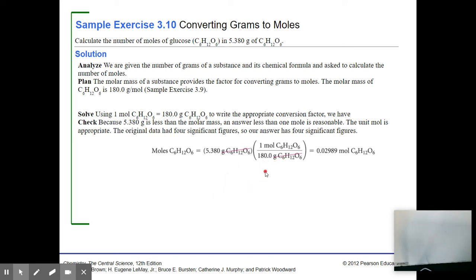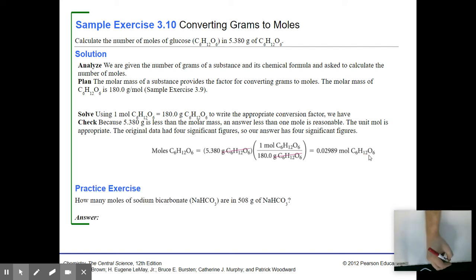Since we need to solve for mole, mole is on top and the mass is on the bottom. This allows the grams to cancel, leaving us with mole. After we divide the mass by the molar mass, we get a really small answer: 0.02989 moles of glucose present.